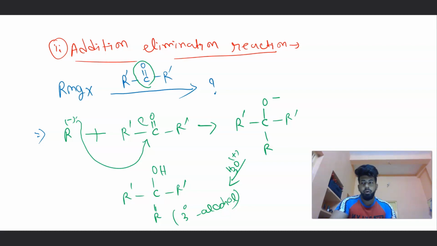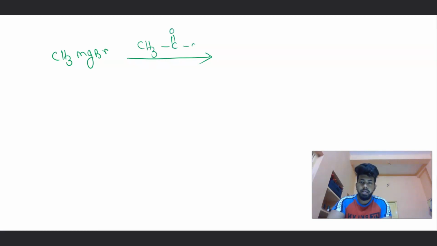Now what if we add acyl halide, not alkyl halide? Here acetyl halide. What if we add acetyl halide along with Grignard reagent? Let's see that. Suppose we have a Grignard reagent CH3MgBr, that is methyl magnesium bromide, and along with it I'm adding acetyl chloride, CH3COCl.